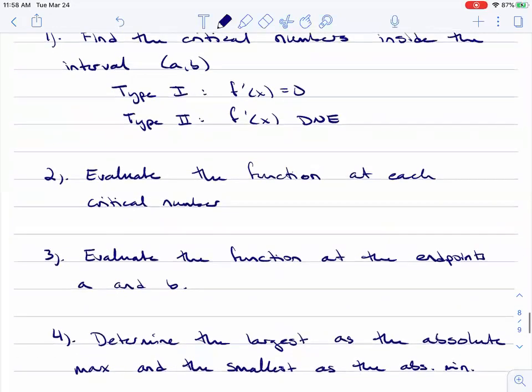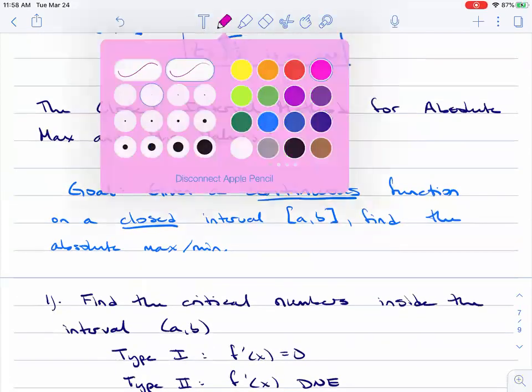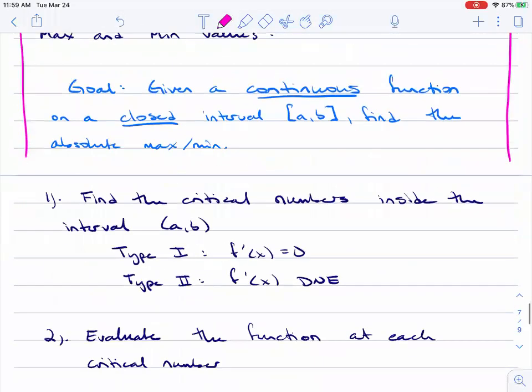I'm going to try to put a box around this, because this is what we're going to use for basically the rest of the class.